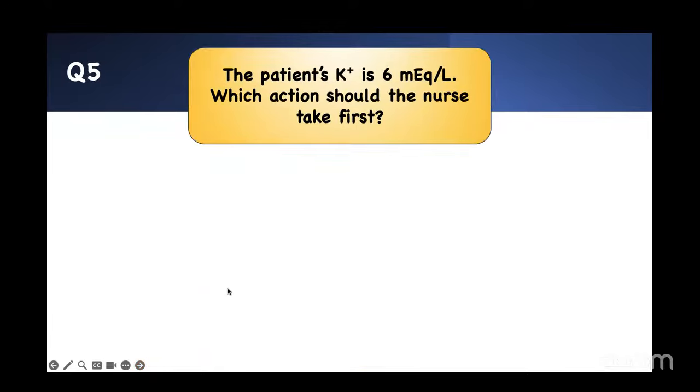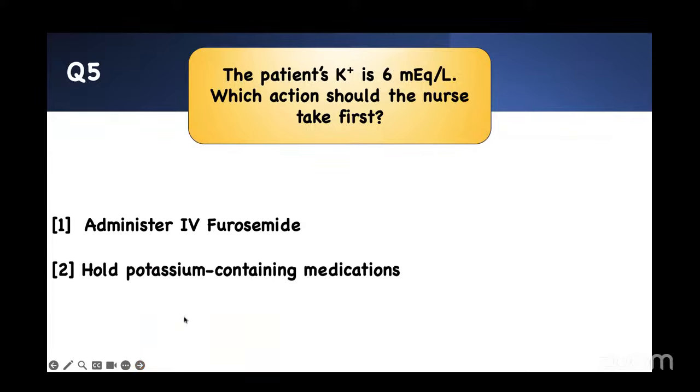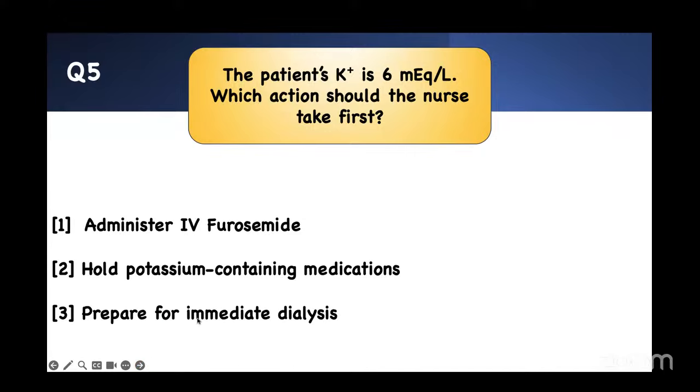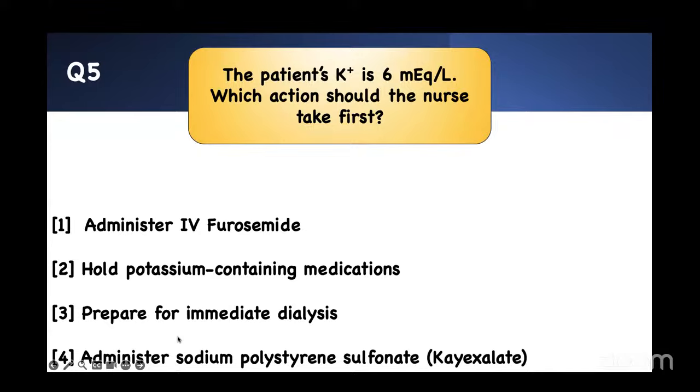Now, potassium is 6. How are you going to treat it? What would you do first? Give the patient furosemide, hold potassium-containing medications, prepare for immediate dialysis, or give the patient K-exalate, polystyrene sulfonate, for management of hyperkalemia.